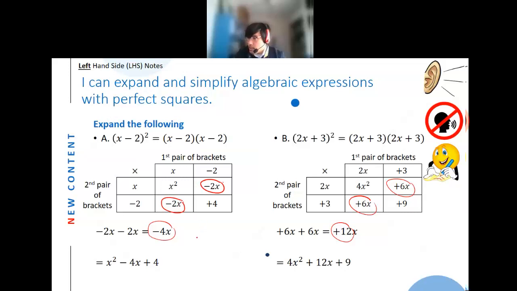Now there is sort of a rule that can allow you to go straight from this here to this here. And in the textbook, if you look at the Year 9 textbook for exercise 8A, it does go through that rule. And absolutely, you can use that rule. I'm not going to go through it here.